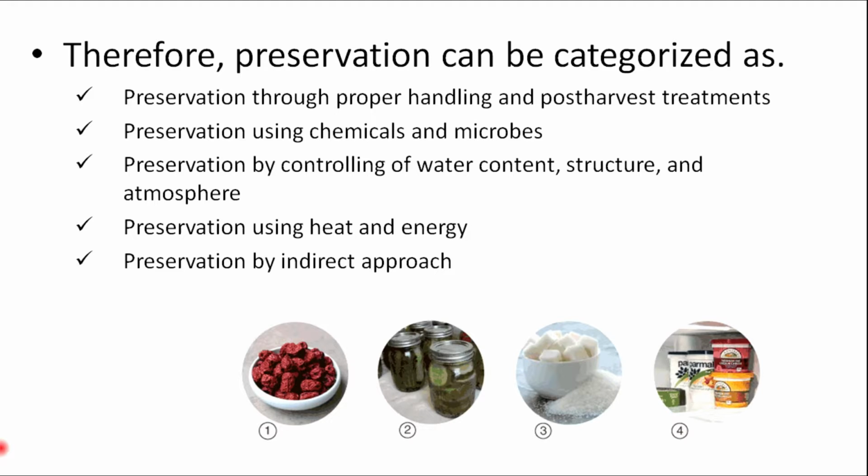During the processing, we can use chemicals, microbes, heat and different indirect approaches such as good manufacturing practices, HACCP for product preservation. Also, we can control water content, structure and atmosphere to preserve foods.